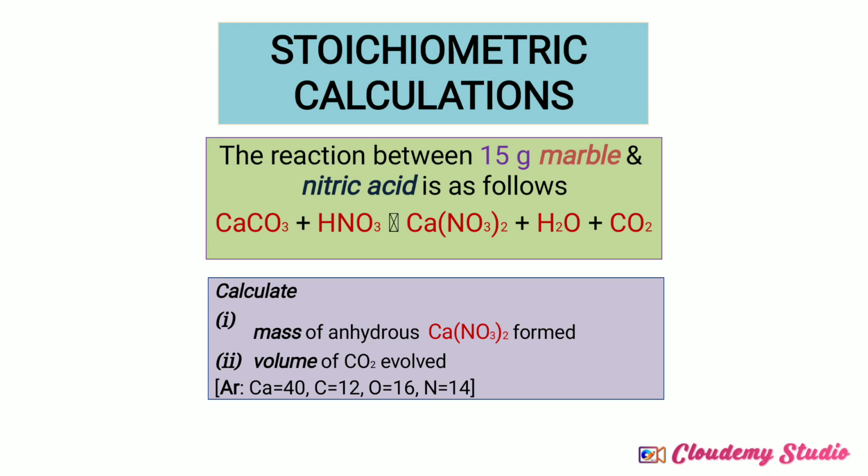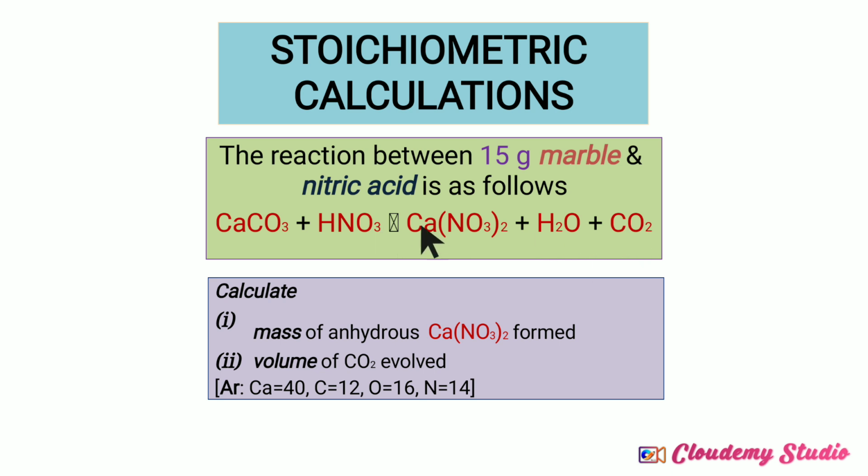Hello friends, let's work out the stoichiometric calculations. The problem is between 15 grams of marble and nitric acid. As per the reaction, calcium carbonate reacts with nitric acid. As a result, calcium nitrate, water and carbon dioxide are obtained.